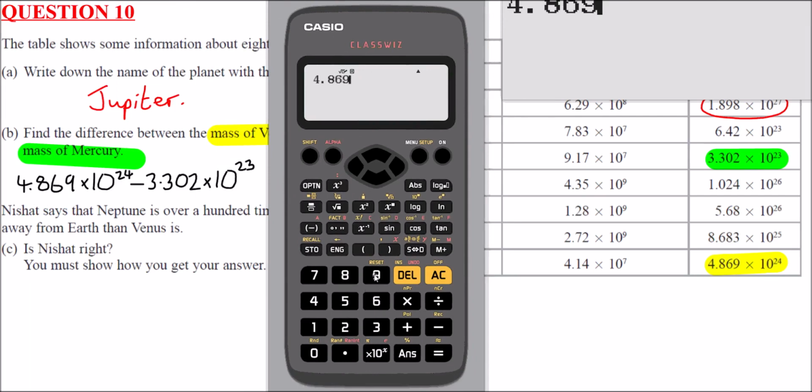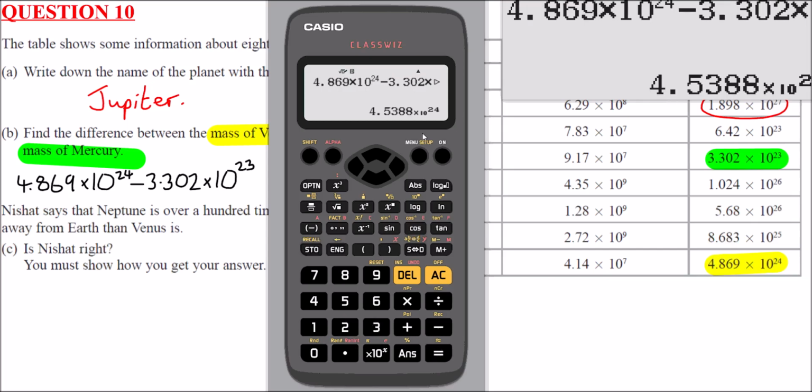4.869. Now, if there is a button on the calculator which can do it, or you can type it out the long, slow way. I prefer the long, slow way because it just looks better, in my opinion. So then times 10 to the power 24. Then I'm going to subtract from that 3.302 times 10 to the power 23. Press equals, and I get this here.